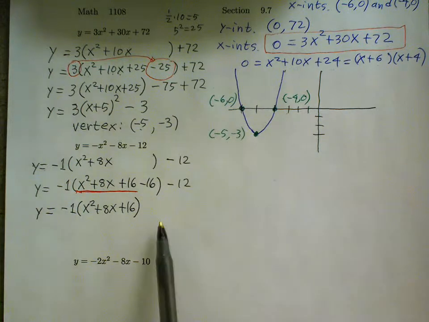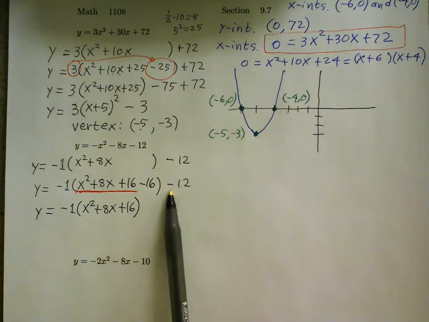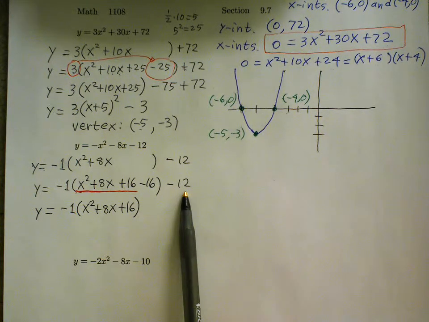And what goes on the outside of the parentheses? Positive 16, plus 16 together with the minus 12 that's already there.